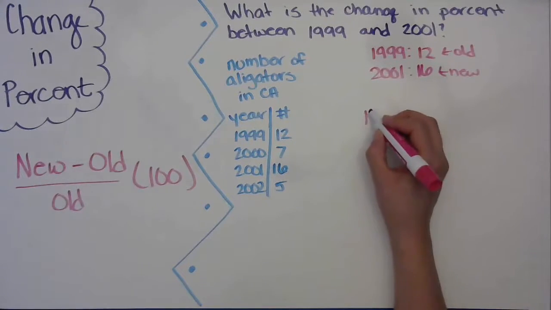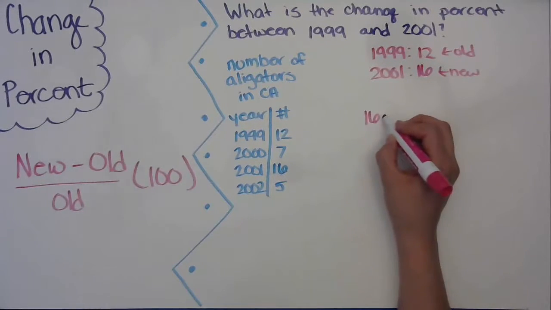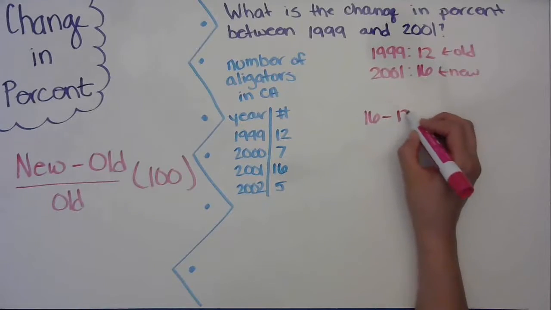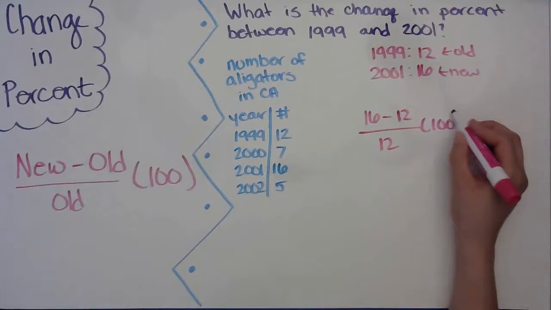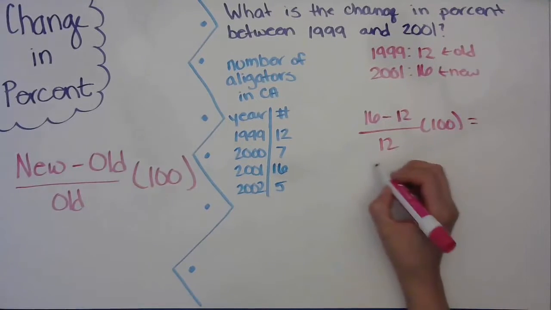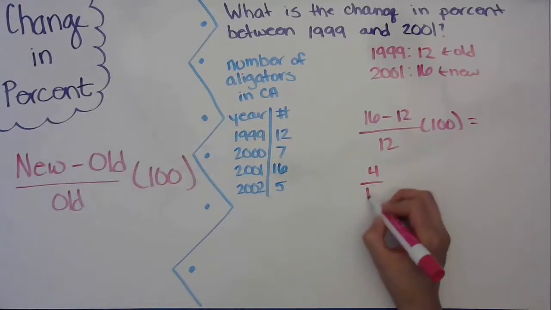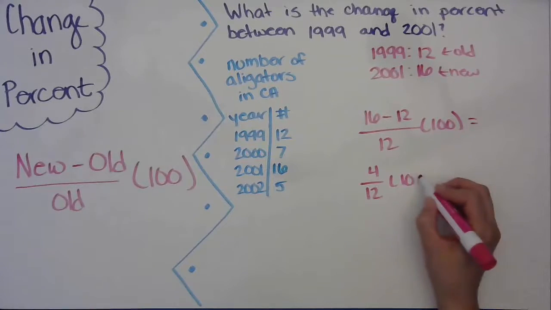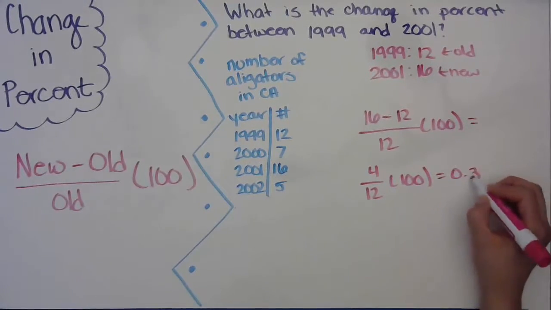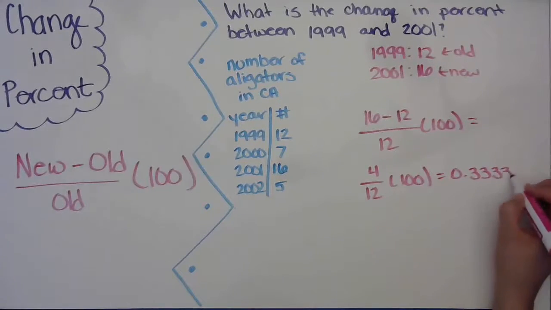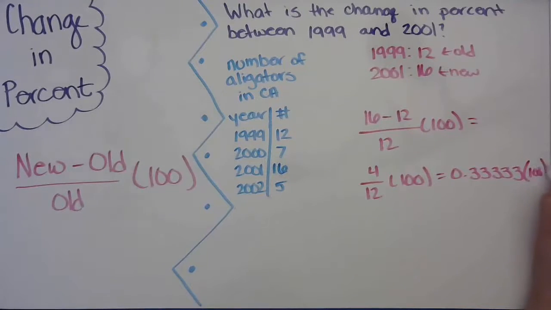So we will have 16 as our new value minus 12 as our old. 16 minus 12 is going to give us 4. 4 divided by 12 is 0.3, times 100.